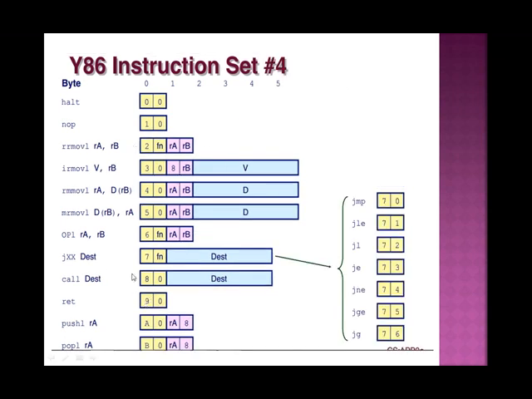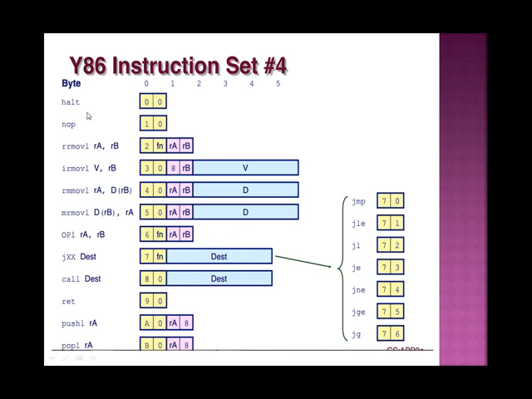This is your next instruction set, used for how we jump to the destination. These are the multiple jump commands: jmp, jle, jl, je, jne, jge and jg.